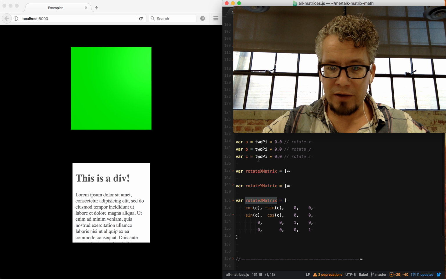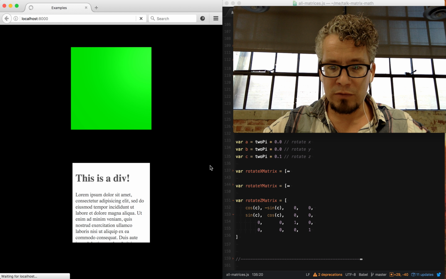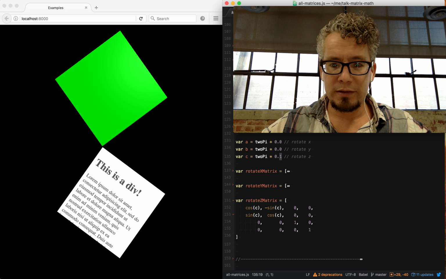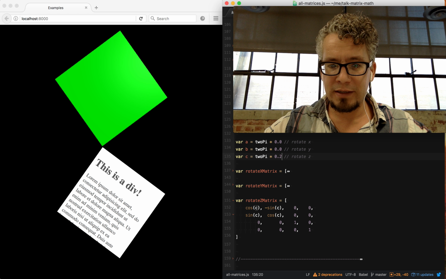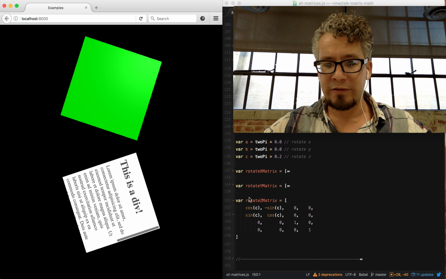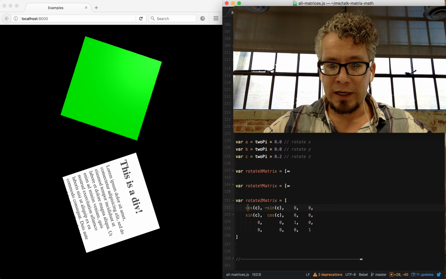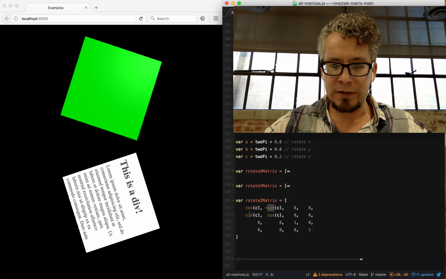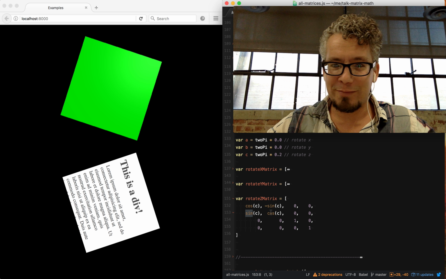I have the c value here, and let's see what that looks like as I start rotating. I'm adding this value of c, putting some arbitrary value there, and it's starting to rotate. I have these cosines and sines mathematically placed inside of my matrix.